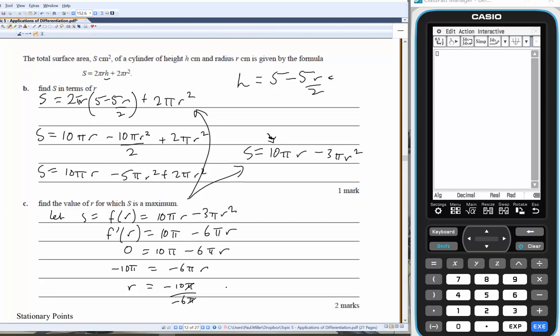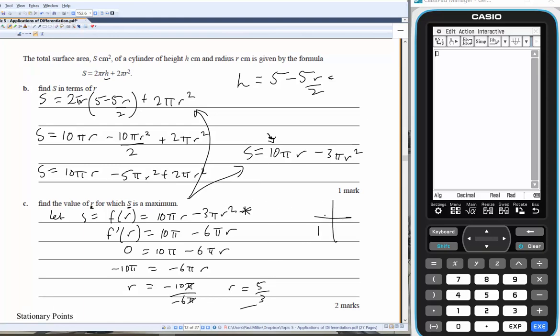They cancel out. r is equal to 5 on 3. Find the value of r for which S is a maximum. So we've only got one value of r because this thing here is a parabola, and it's when r is equal to 5 on 3.